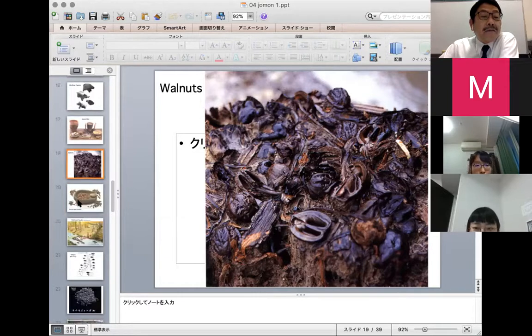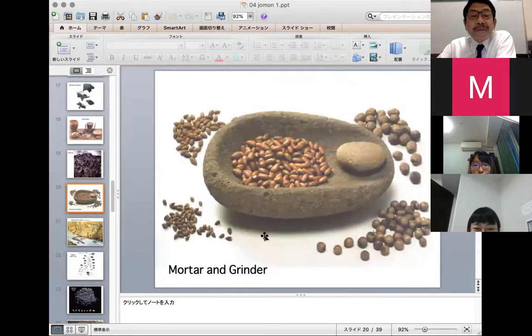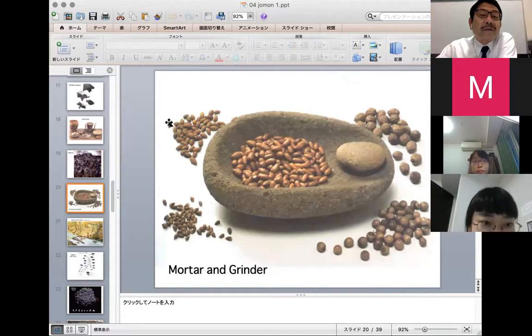All right. This is the mortar and grinder. Walnuts and acorns. These are types of acorns which do not include the harshness. You can eat it when you heat it, and it's kind of sweet too.